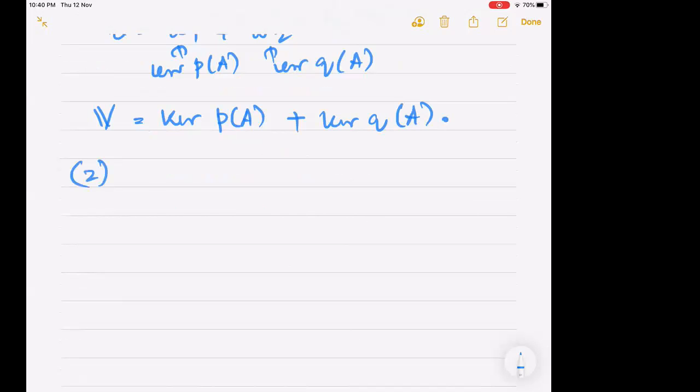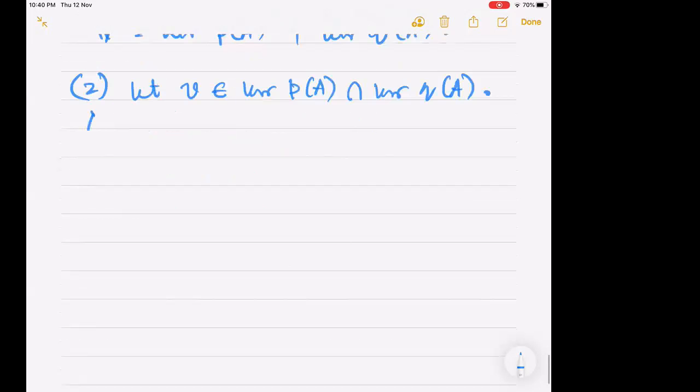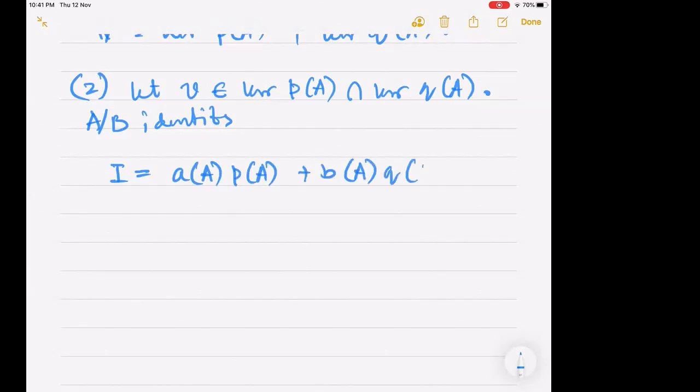So let v belong to the kernel of PA intersection the kernel of QA. Once again we use the AB identity that says the identity operator is equal to A(A) PA plus B(A) QA, right?